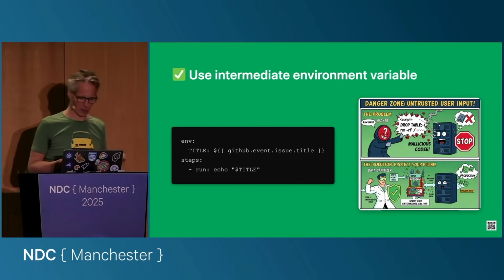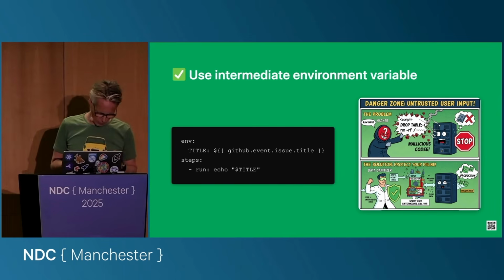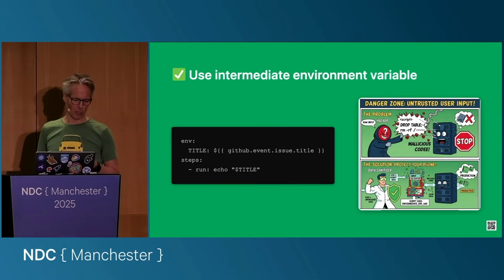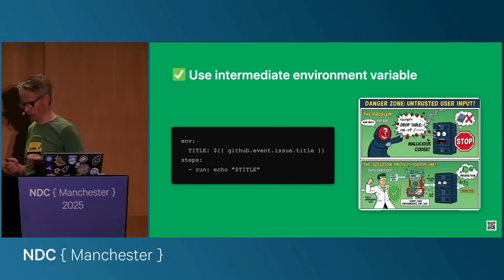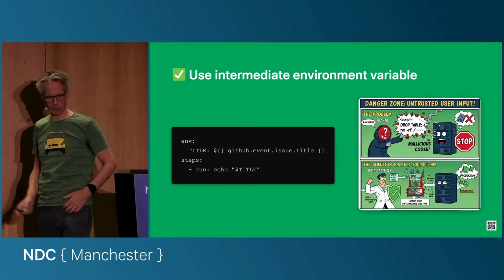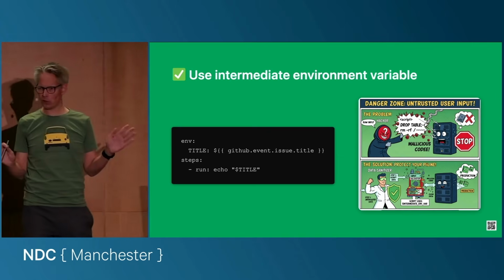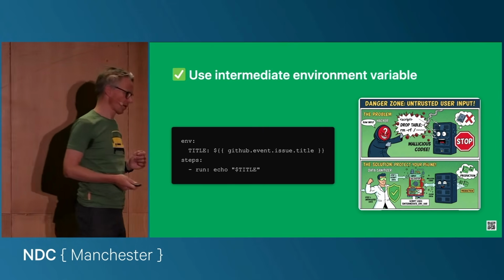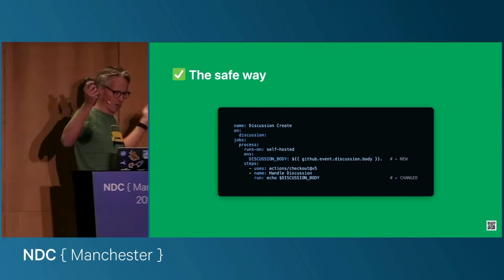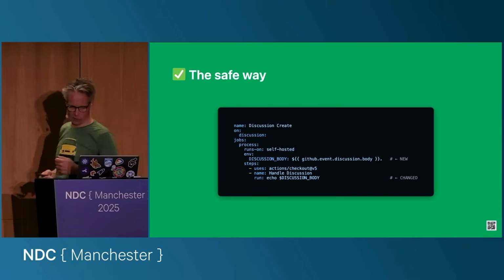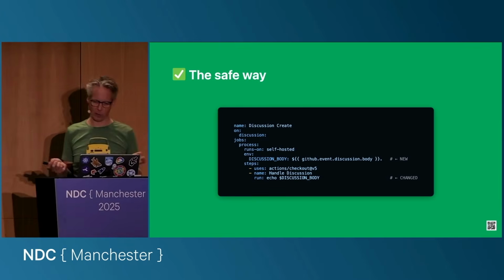So also here, there's a simple solution, and that is to use an environment variable to sanitize the input. By funneling the input to an environment variable, it's sanitized for you, and script injection is not possible anymore. So when we had the workflow that I showed on the first slide, and we make an update, the only thing we have to do is add an environment variable.